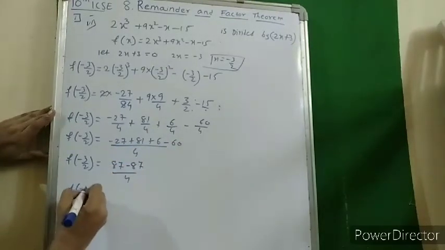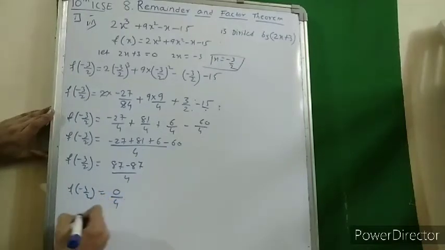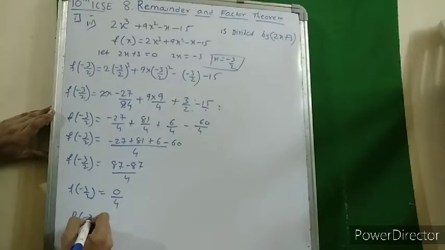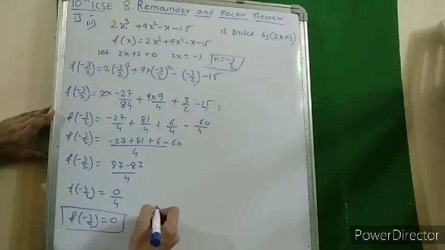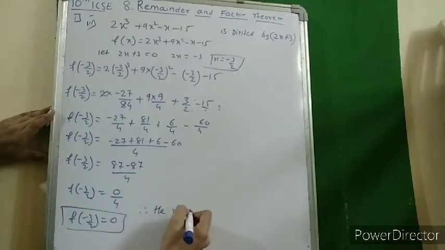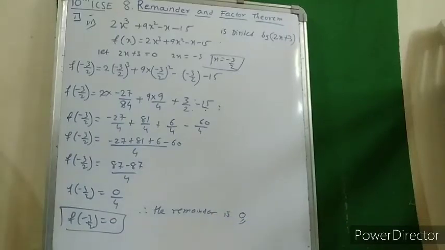So function of minus 3 upon 2 is equal to 87 minus 87, 0 upon 4. That is function of minus 3 upon 2 is 0. Therefore I can say that the remainder is 0. Okay.